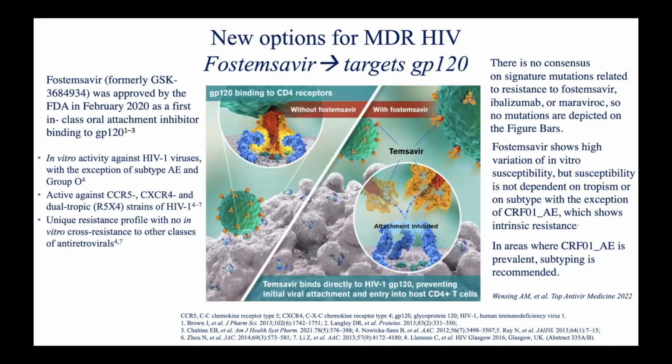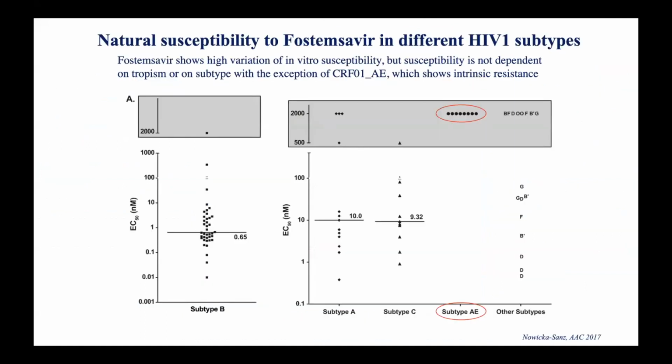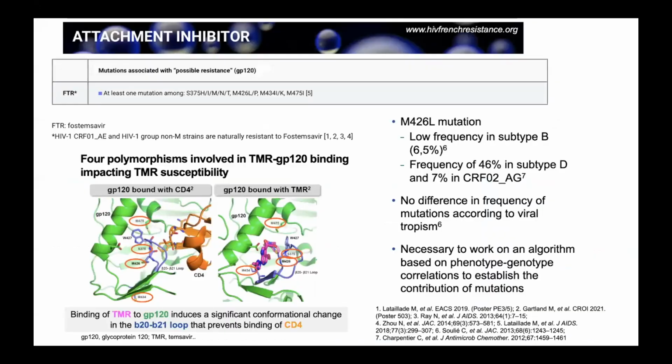So for us, we didn't put a signature on the bars on our list, but we know that particularly in some subtypes there is some heterogeneity of activity, and with subtype AE, you see that there is no activity. So we in some way recommend for the countries where there is a higher prevalence of this recombinant AE to do the subtyping, which could be important for usage.